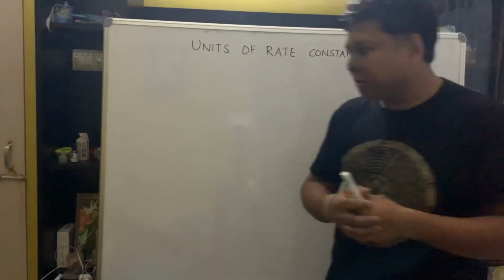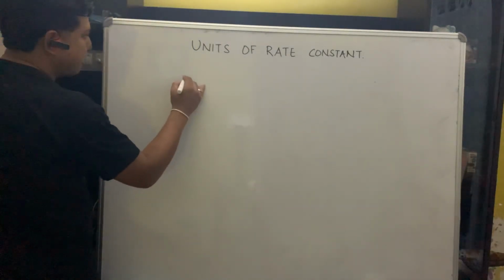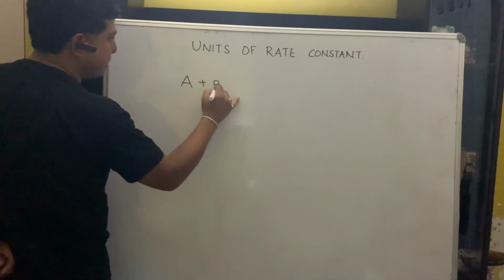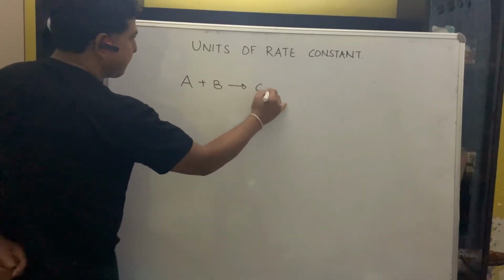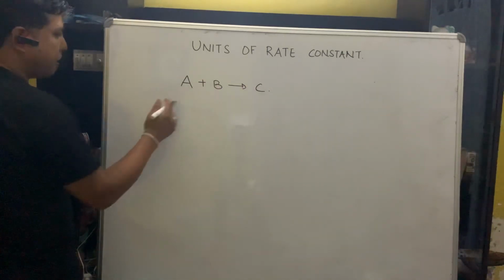Let us recapitulate what we have done earlier. Suppose I write the reaction A plus B gives us C. What will be the rate in terms of the law of mass action?